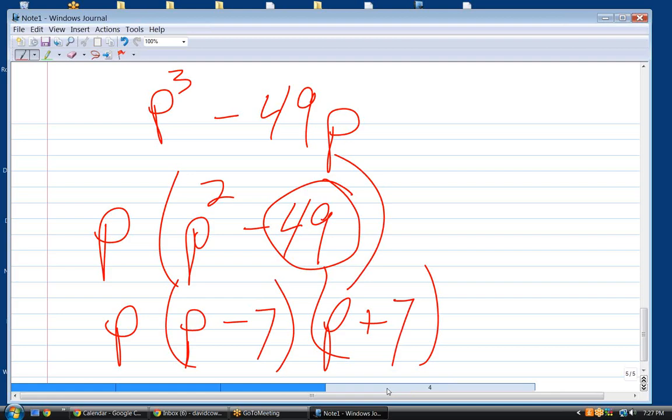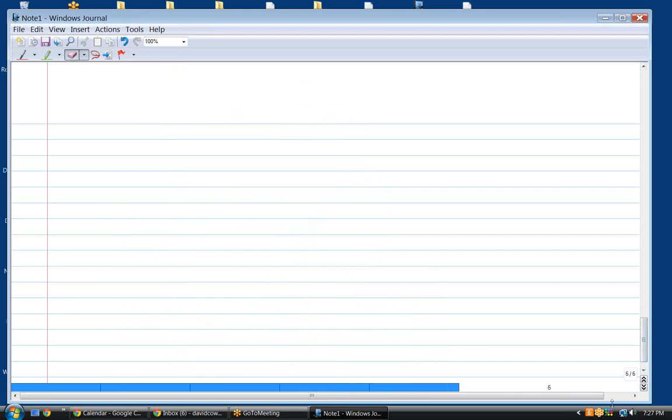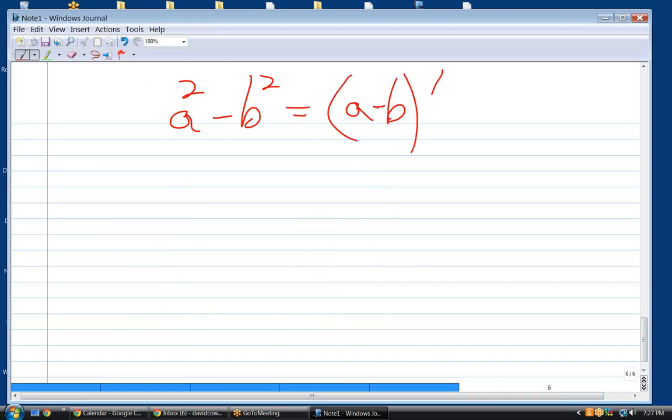Okay. But let's back up a step. I notice you went through that kind of using the system we use for factoring quadratics. Don't really need to do that. What you want to memorize is this. A squared minus b squared always factors into a minus b times a plus b.